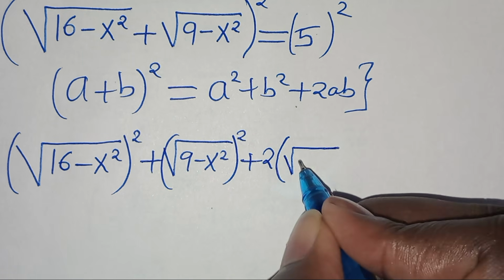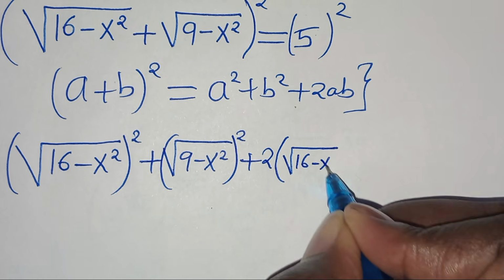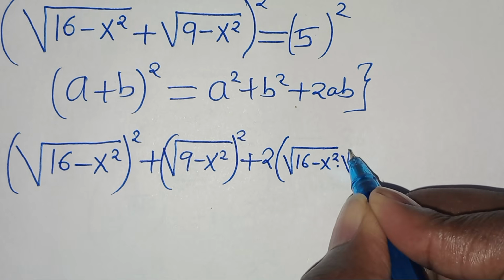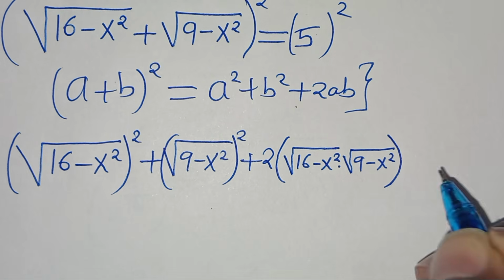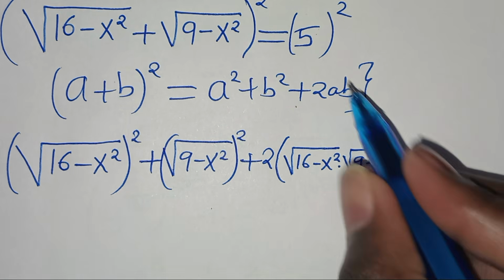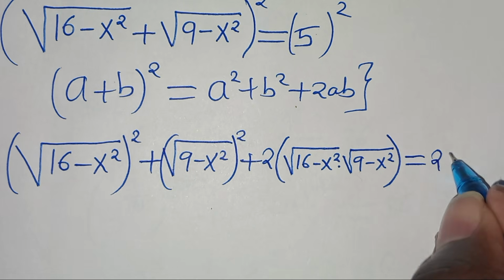This is the square root of 16 minus x to the power of 2 times square root of 9 minus x to the power of 2, close the parentheses. This is equal to 5 squared, which is 25.